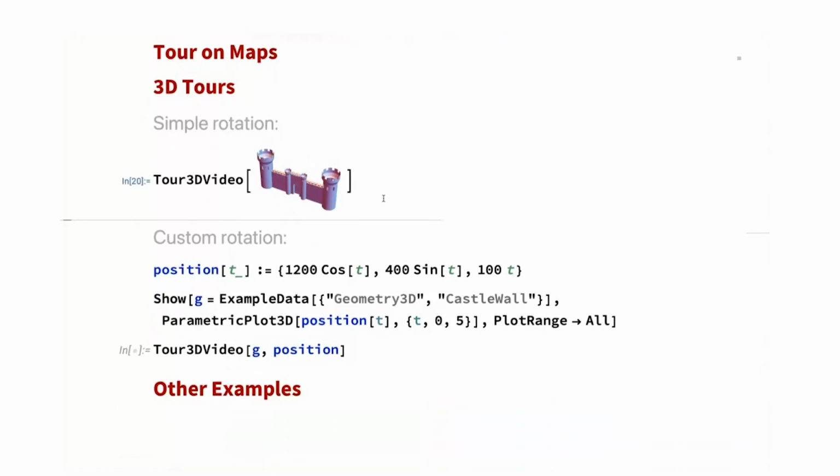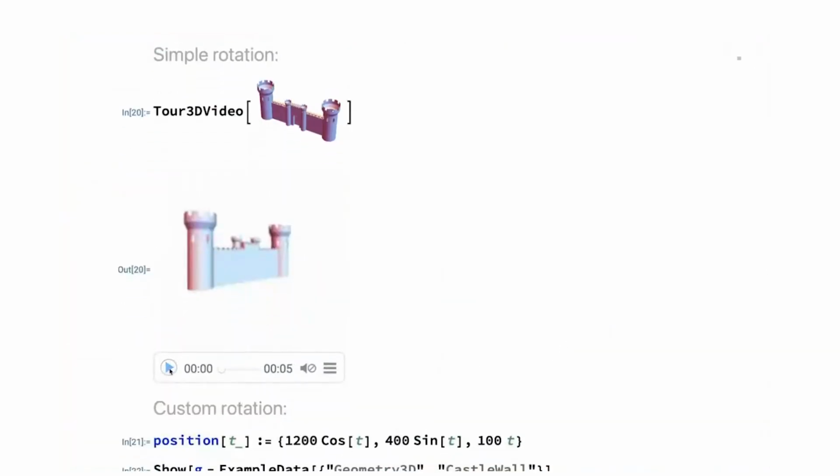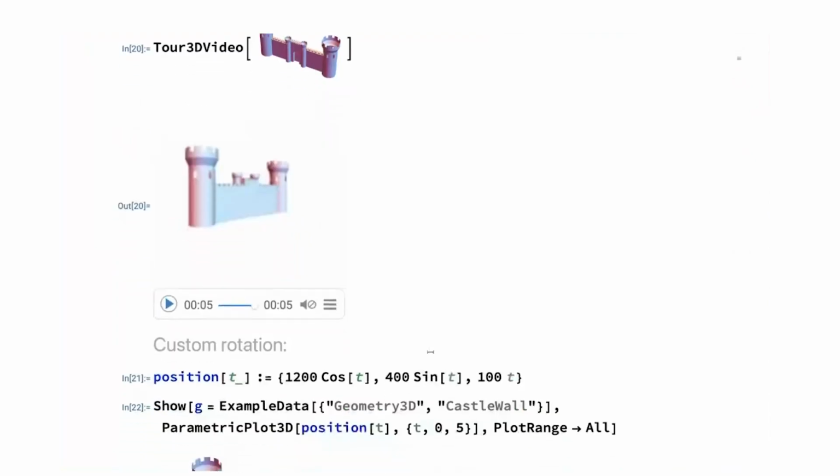3D tours got added more recently compared to 2D tours, simple rotations around 3D graphics and regions. By default, Tour 3D Video is basically rotating around an object that is passed. It has all its, as usual, beautiful defaults on how big of a radius I need to choose to rotate around the object so that I see more of it.